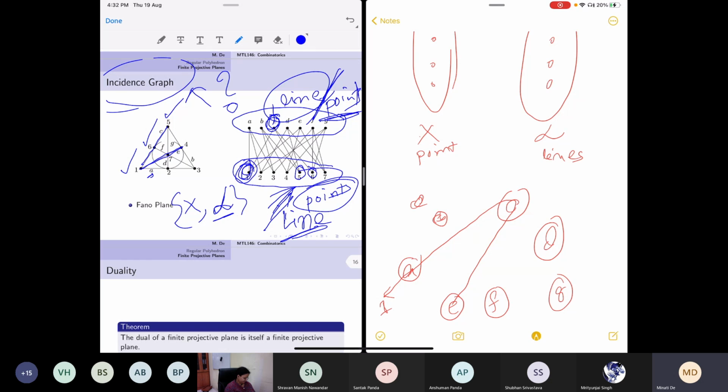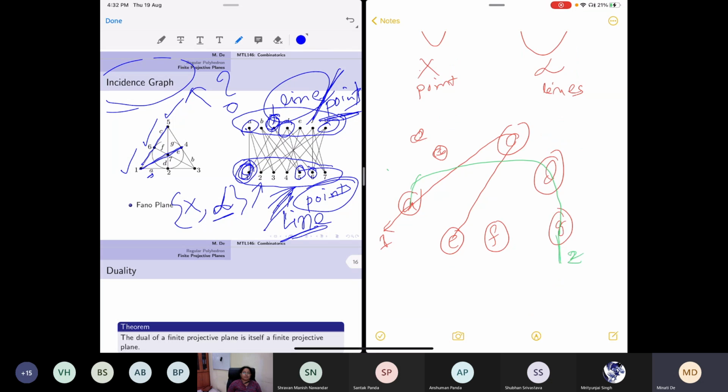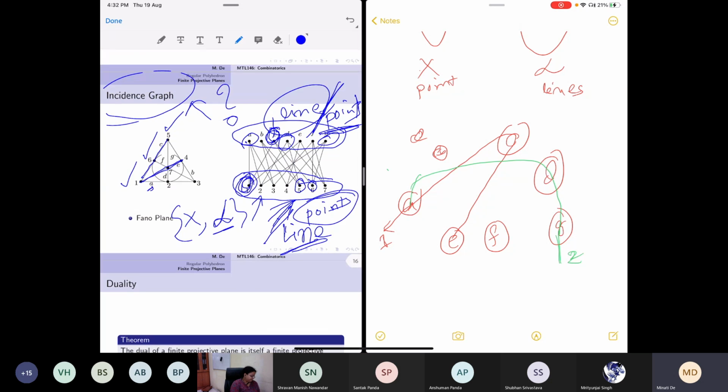Similarly, corresponding to the point 2, I would have a line in its dual. That line is basically A, D, G. If I color this with another color, A, D, G, this is my line number 2. So I hope you have understood. This is the duality which I am referring to.